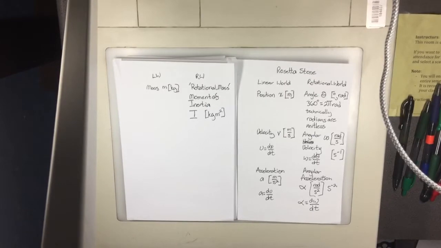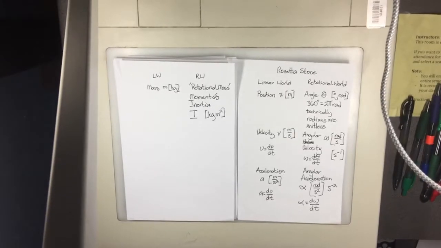Now, one of the easiest demonstrations to talk about moment of inertia is if you have an object, actually I'm going to use this bar. It is of uniform mass density, so the center of mass is basically at the middle of the object. If I rotate it like this, it's fairly easy to rotate.